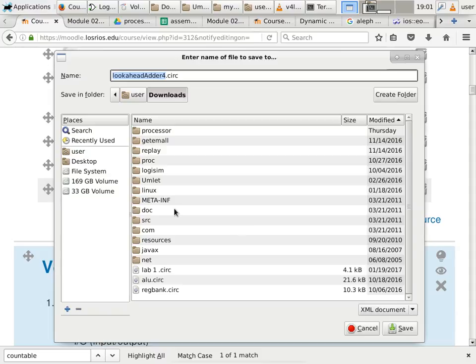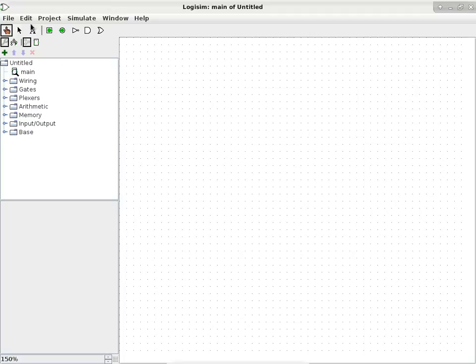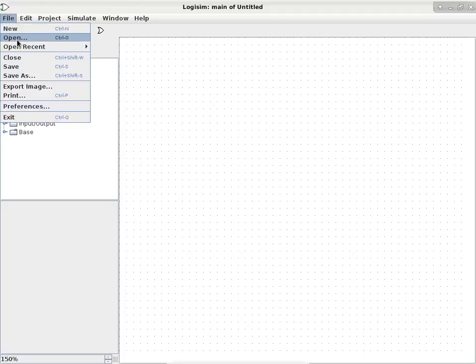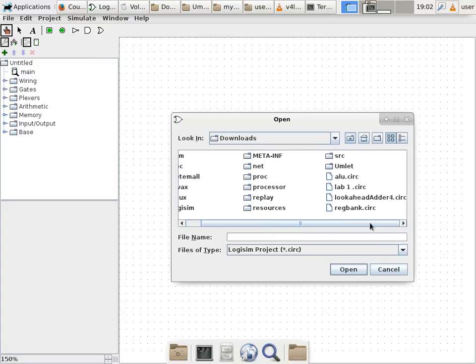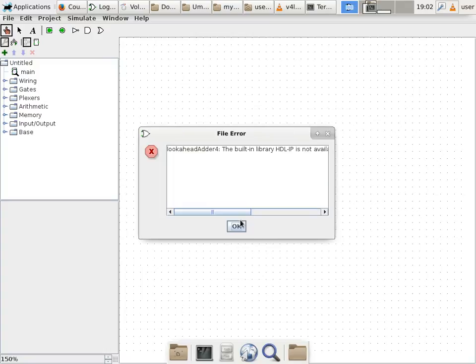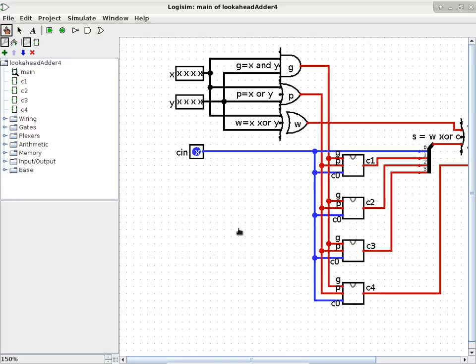So I'm going to put it into my downloads folder, and I got LogicSim already starting here. So we'll just go ahead and go to that folder and start with that. So we'll start with look ahead adder 4. Okay, it's complaining because I used the other LogicSim to do it.